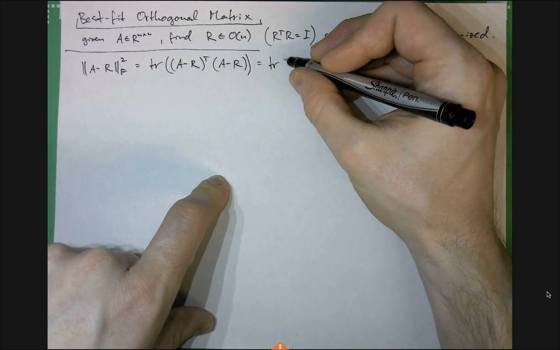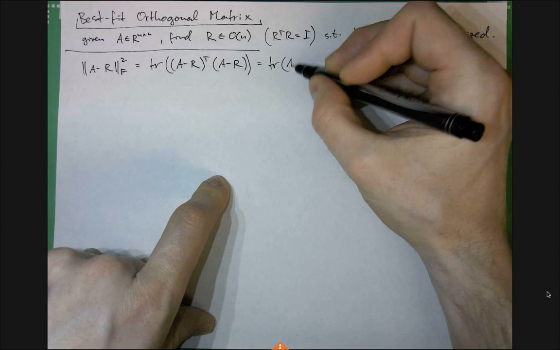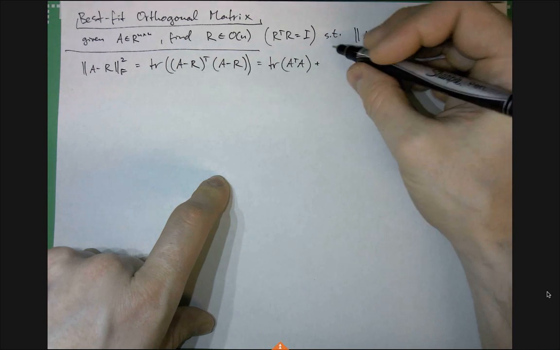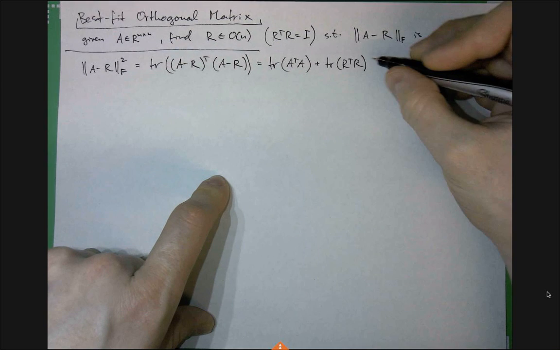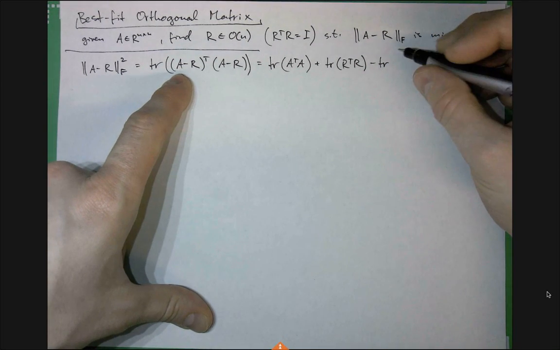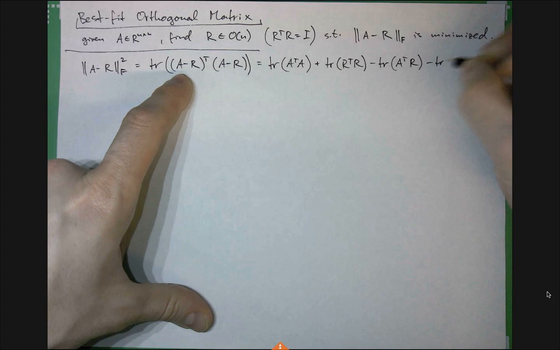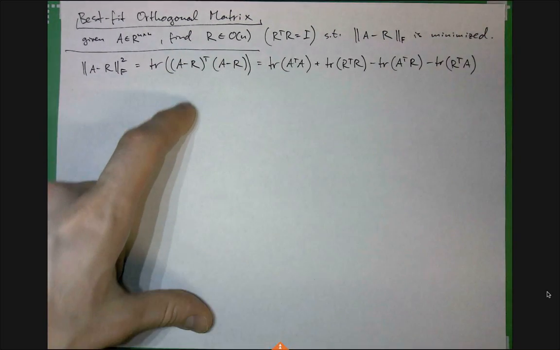I'm just expanding this product. So this is trace of A^T A, plus trace of R^T R, minus trace of A^T R, and minus trace of R^T A. Right?